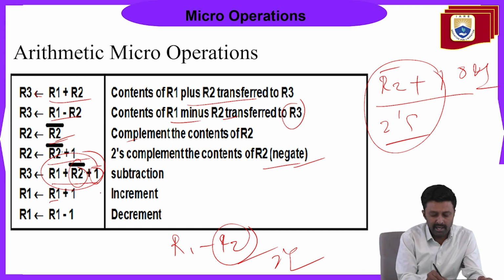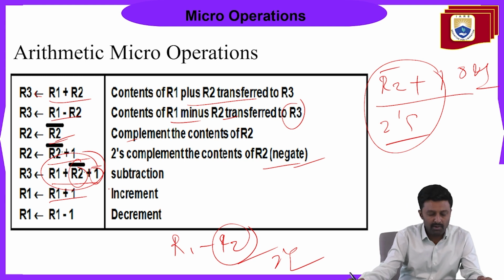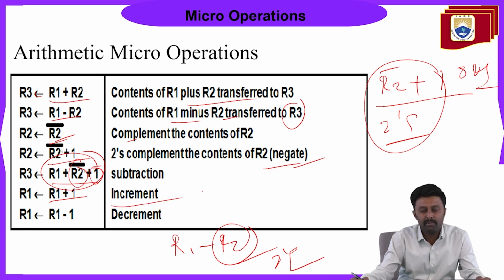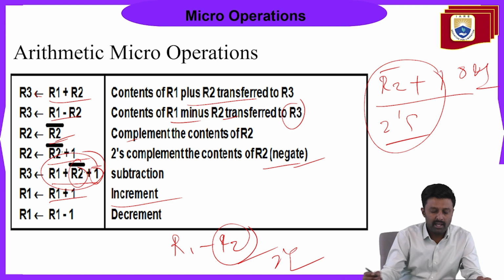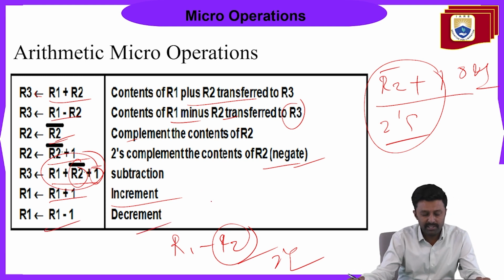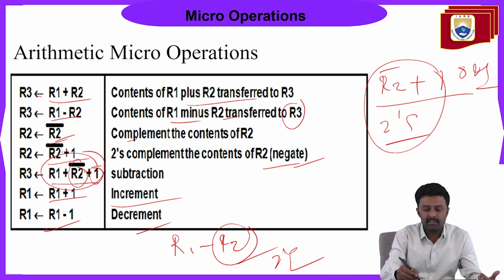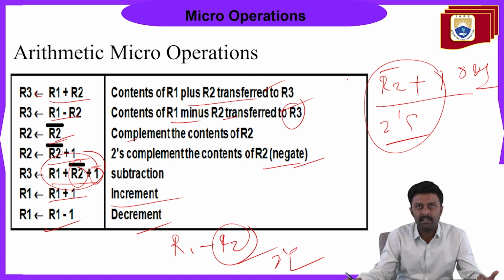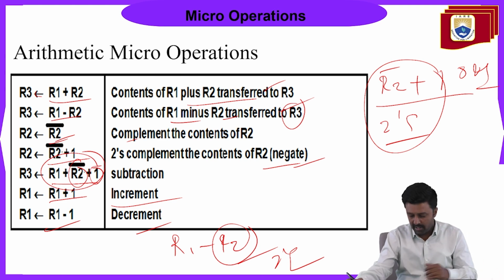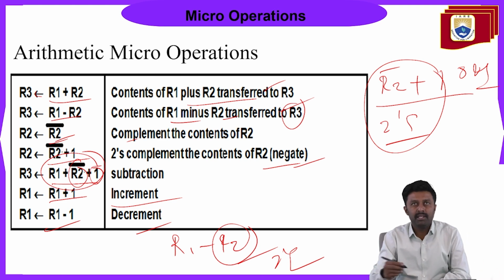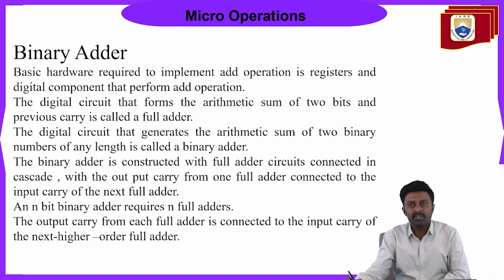Then the next micro operation available is R1 plus 1. This is to increment the register by 1, and R1 minus 1 is to decrement the number by 1. So that is an increment and decrement operation. These are some of the arithmetic micro operations available: addition, subtraction, increment, and decrement.